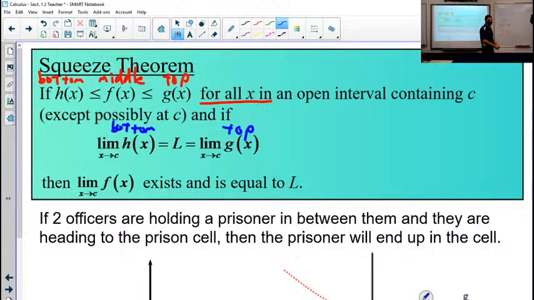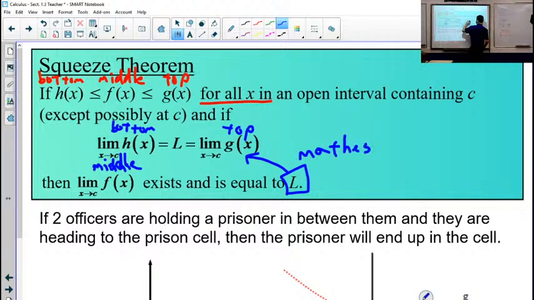And so we're saying that the limit of the bottom is equal to the limit of the top at a particular value. Then the limit of the middle exists and is equal to L. So in other words, it matches these limits.